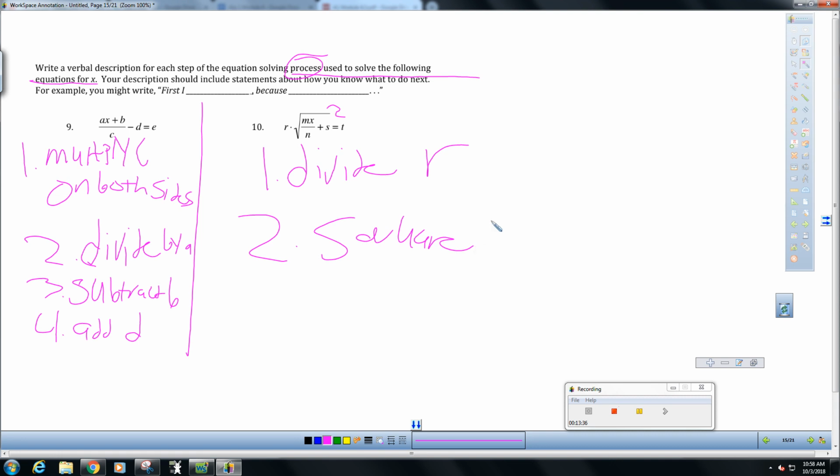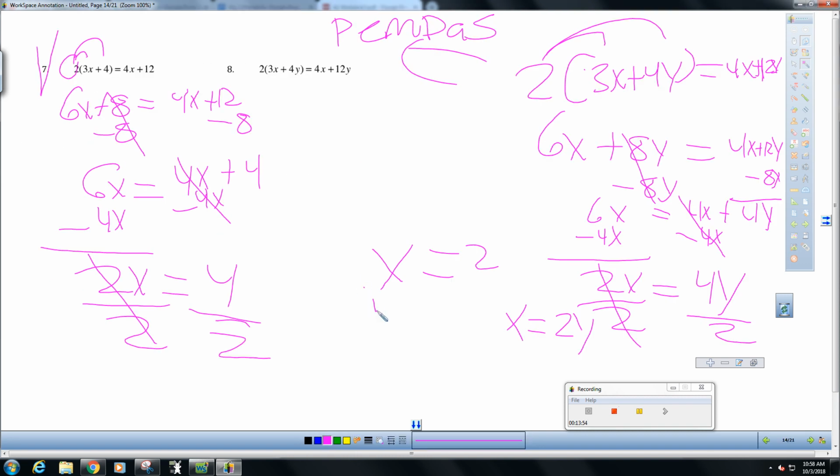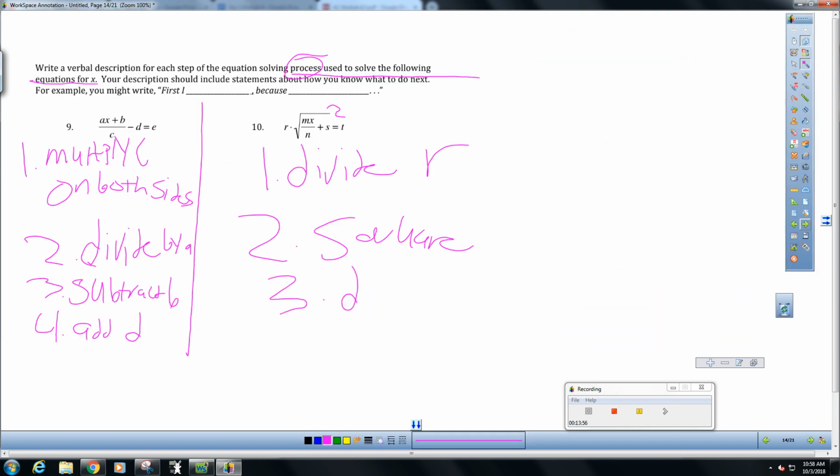You would get, and then we are still solving for x, so we need to divide by m. No, wait.